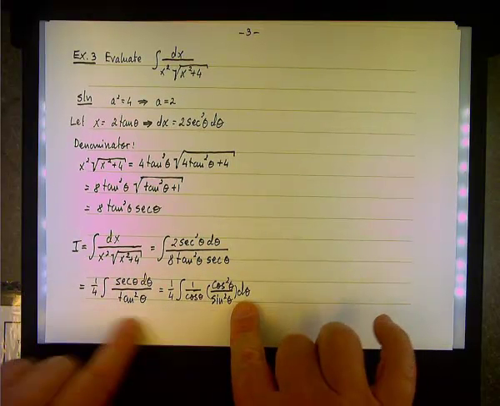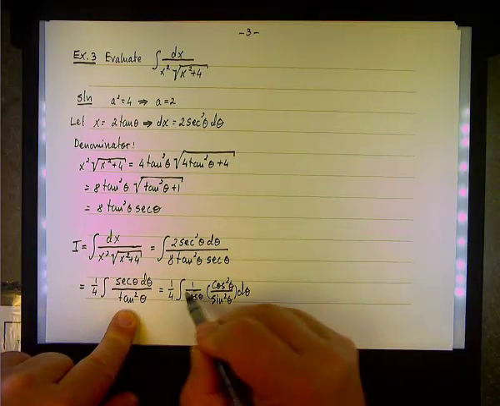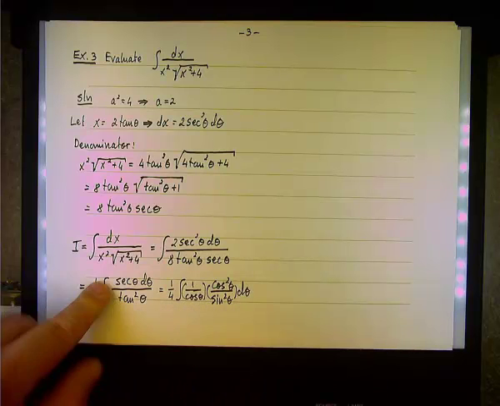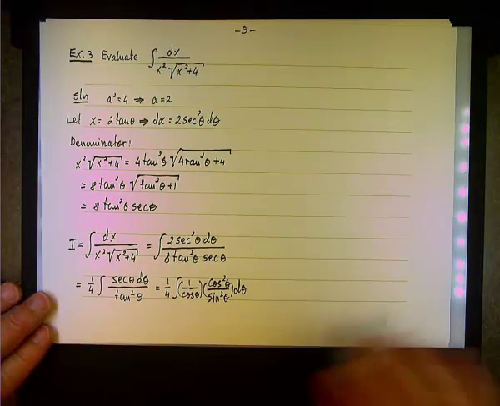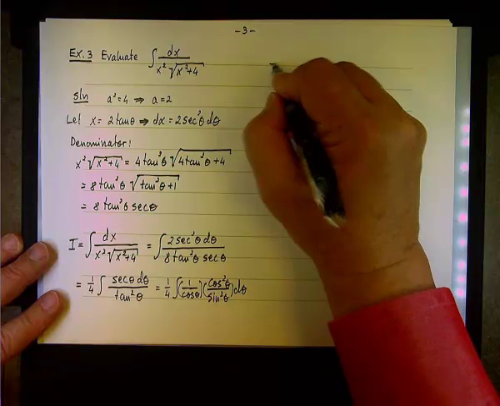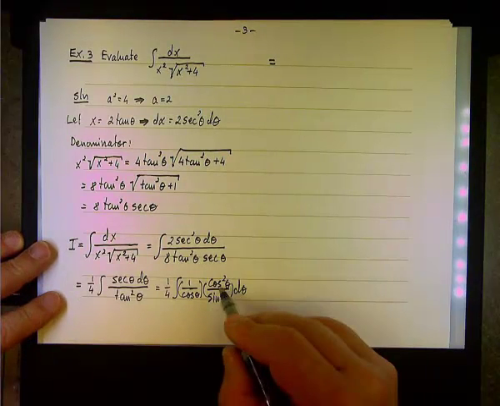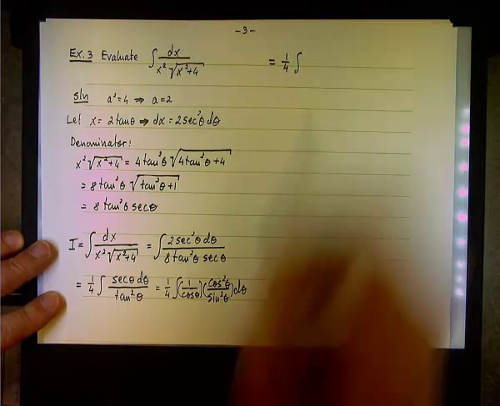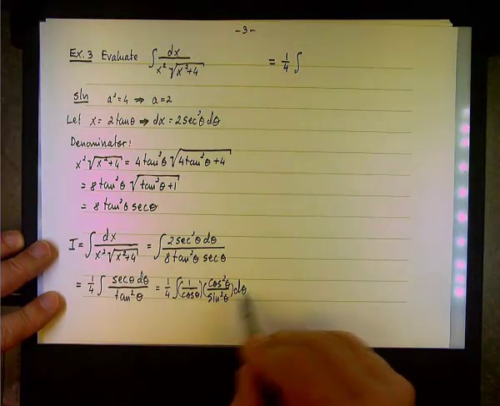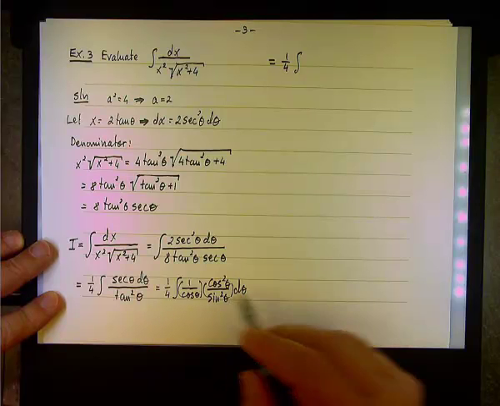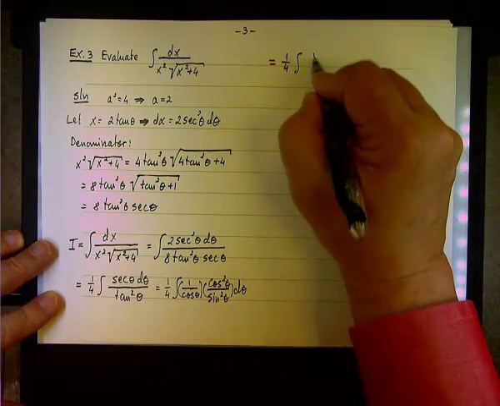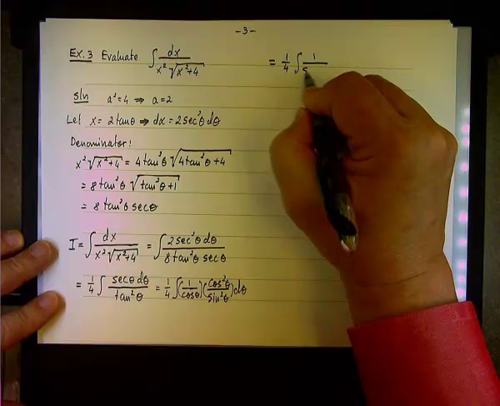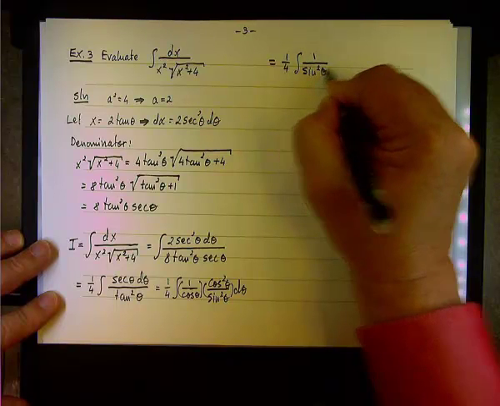So the quantity in parentheses is 1 over tangent squared, and this quantity is the secant. And you can see that we end up reducing it. So we have 1/4. On top we have cosine theta d theta, which is great. And on the bottom we have sine squared of theta.